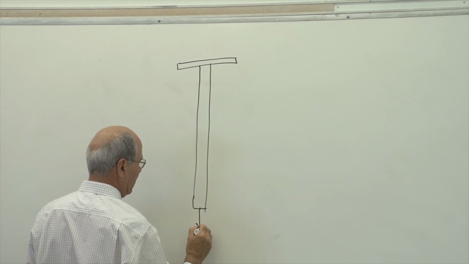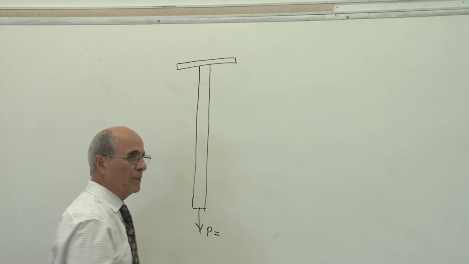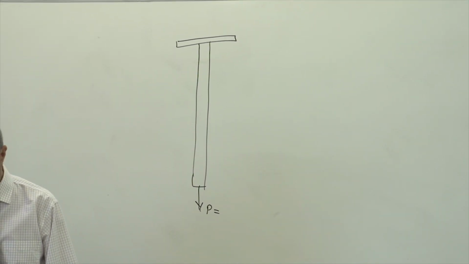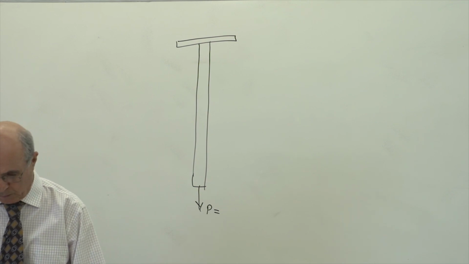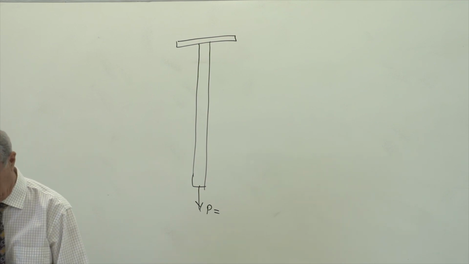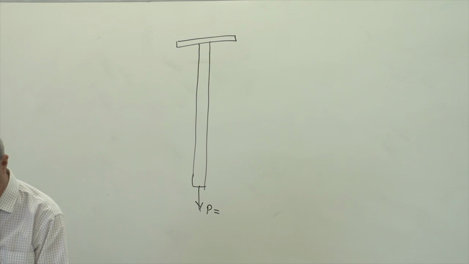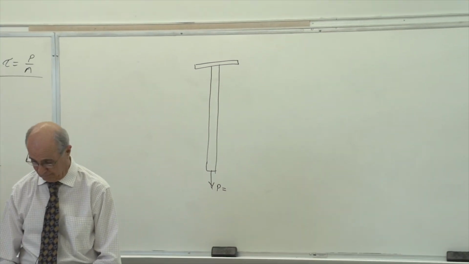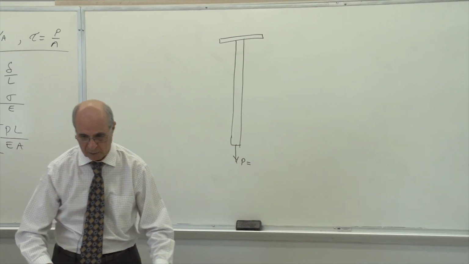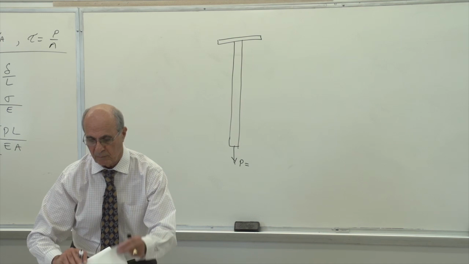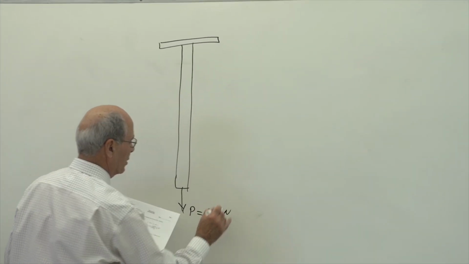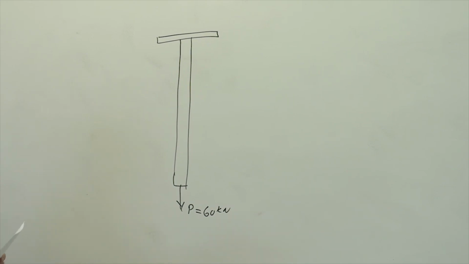There is a hook there, and there is a P here. How much load is there? It's 60 kilonewton. Yes or no?